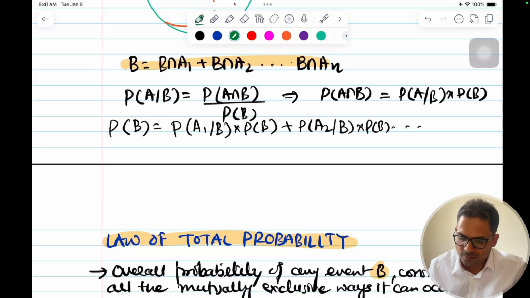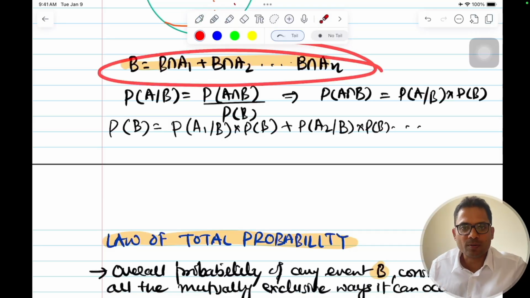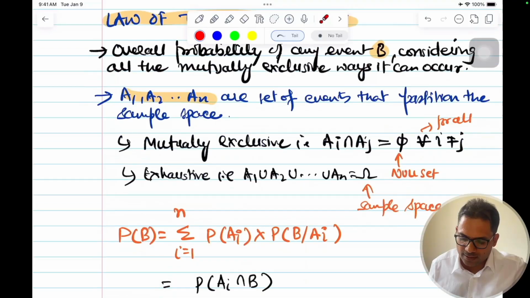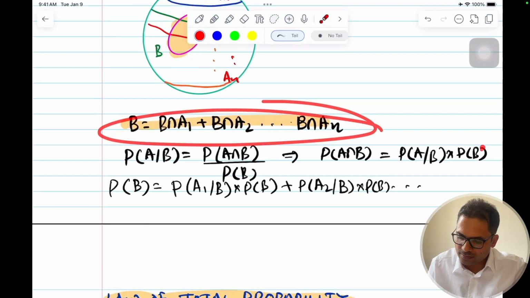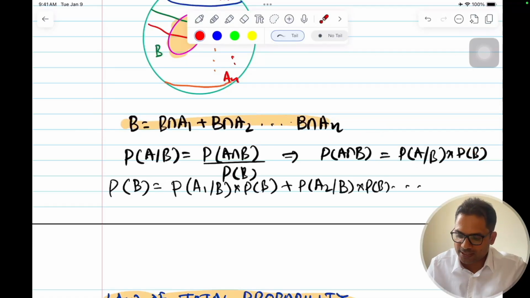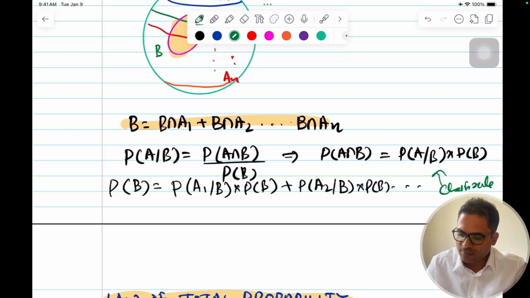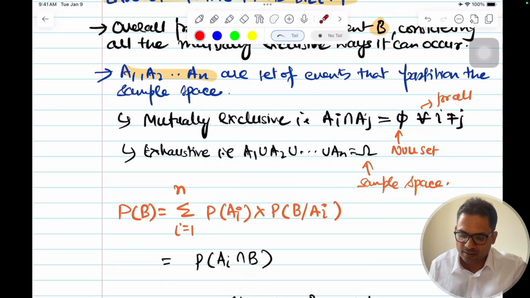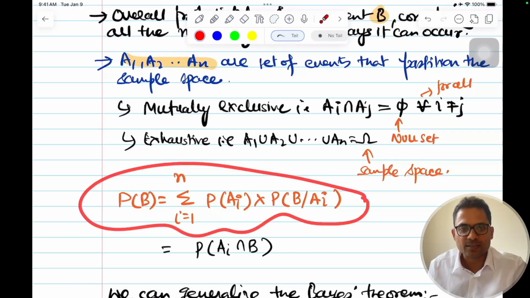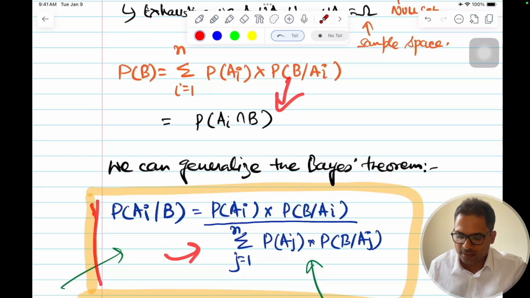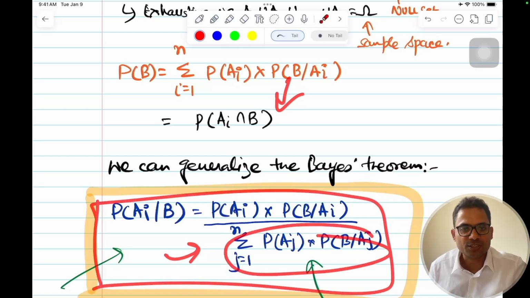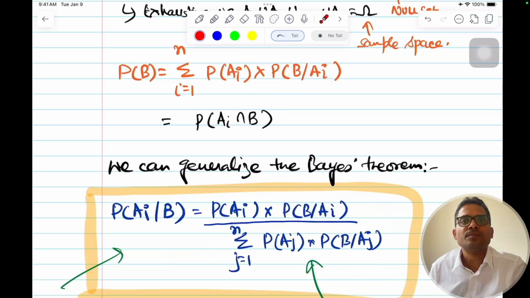This formula for B, the total probability of B, we can write in the form of conditional probability, because from the chain rule we know this. From there, we write it in this mathematical form, and the same form we plug into the Bayes theorem and generalize it. And now we get this generalized Bayes theorem formula.